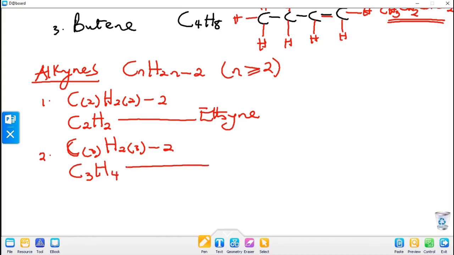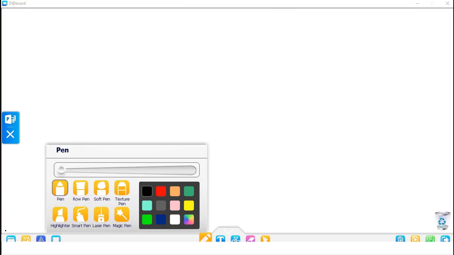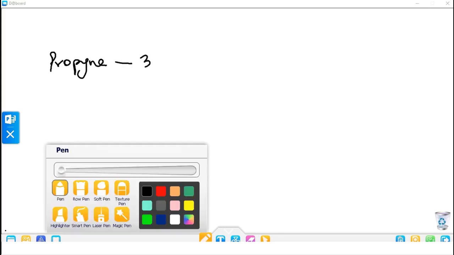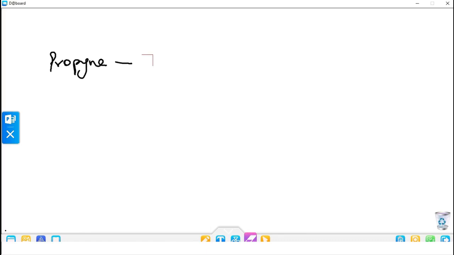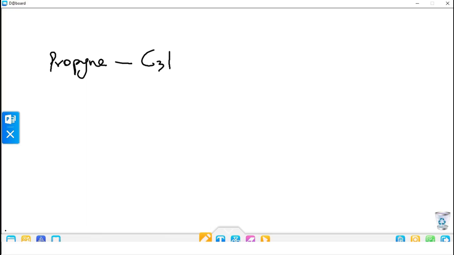So this gives us the member propyne. Having seen that the compound propyne is C3H4, I can proceed on and on to give the other members of the alkyne family.